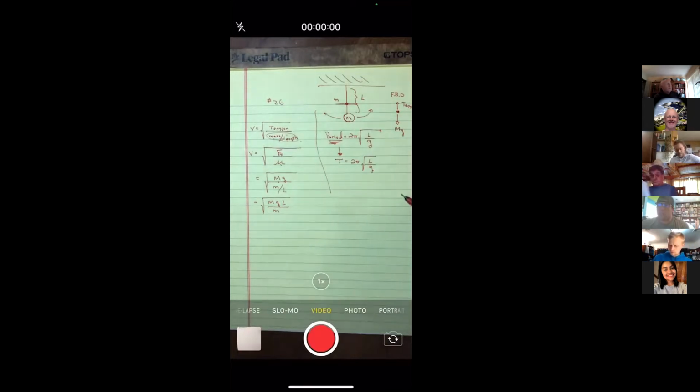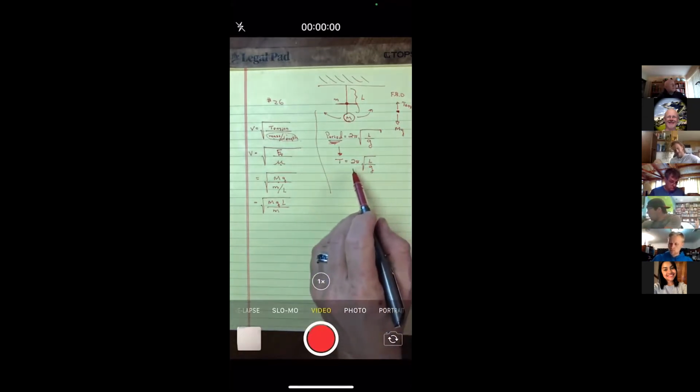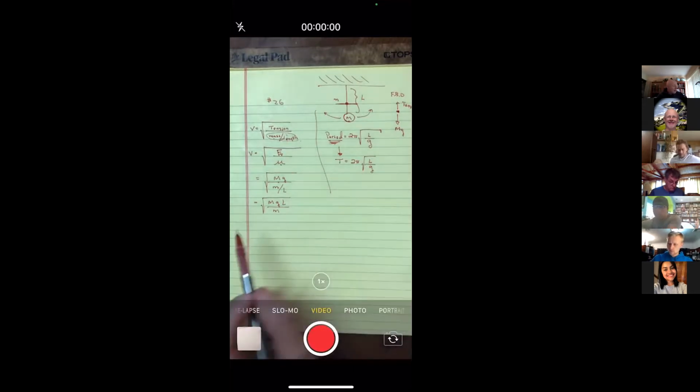The problem could be a little clearer, but here's kind of the default. The default is you should give an answer in terms of the variable that they give in the problem, and they give T for period. However, they also give length and capital M and lowercase m. So a case could be made that we're done.